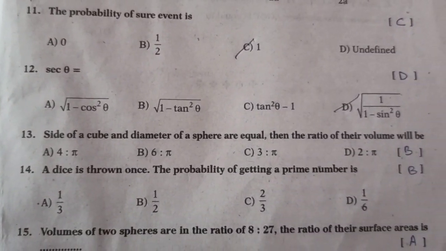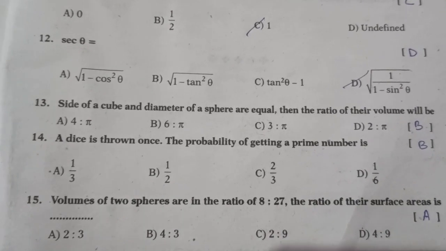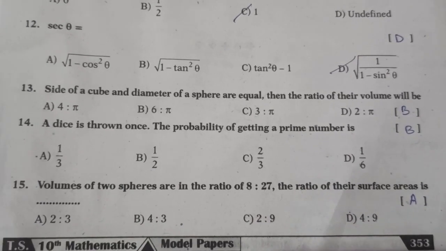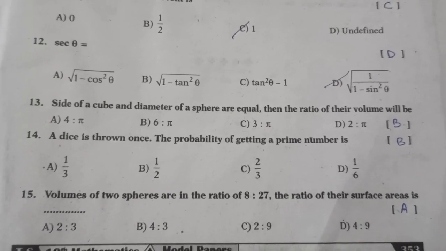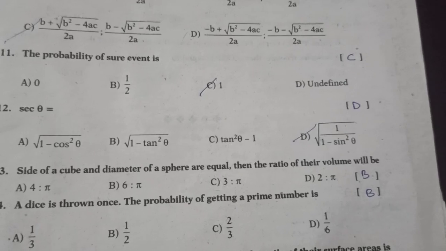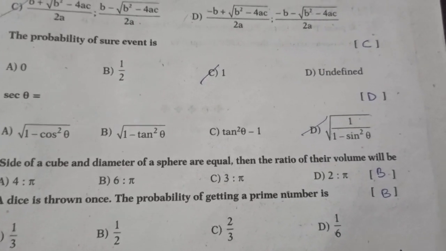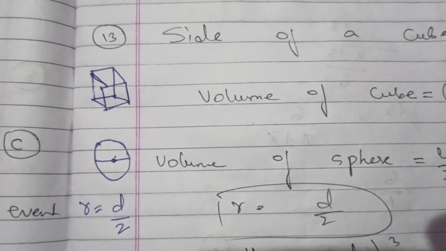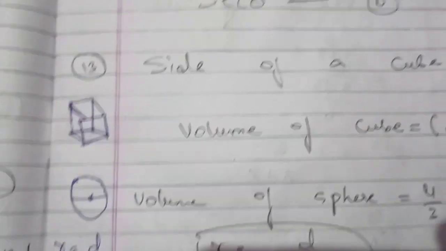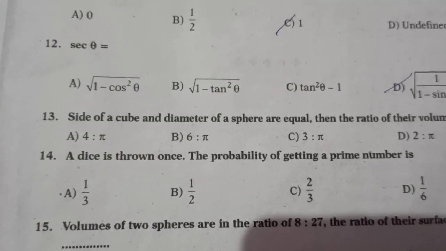Option D. So the 13th one: the side of a cube and the diameter of a sphere are equal, then the ratio of their volume will be. So in this we have to take one cube and a sphere. He is saying the side of a cube is equal to the diameter of the sphere.